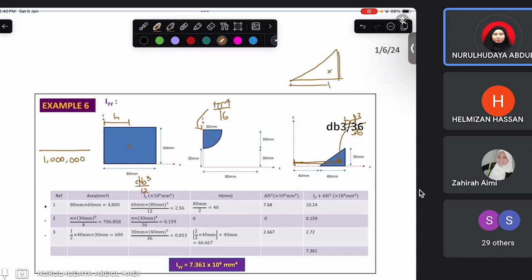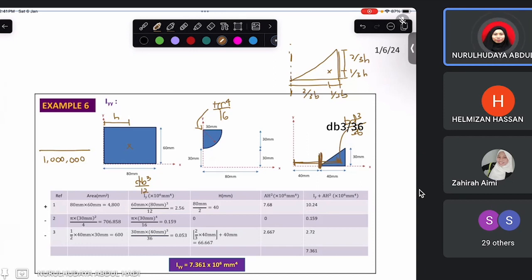Ni kan mesti segi panjang ni. 1/3 B, 1/3 H, 2/3 H. Dia pusing macam mana pun, you kena faham lah macam mana dia nak pergi ke mana tu. Yang kita kena tahu, kalau dia pergi kat sini, nak sampai sini, it is 2/3 times 40.